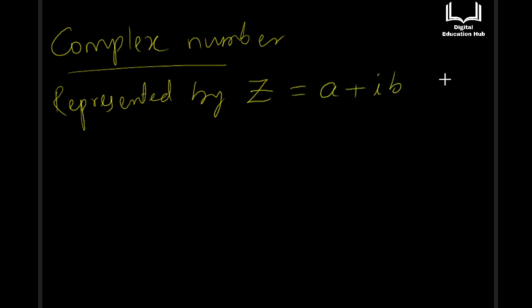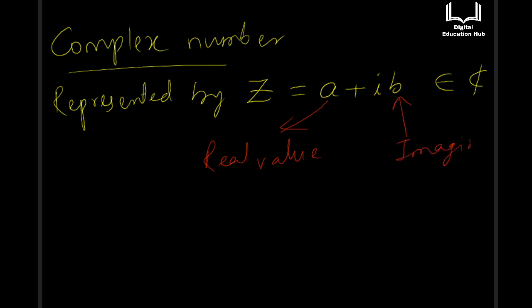Now this part belongs to the complex values. To understand this idea, we can say that this a part is nothing but the real value, and this b part is the imaginary value.